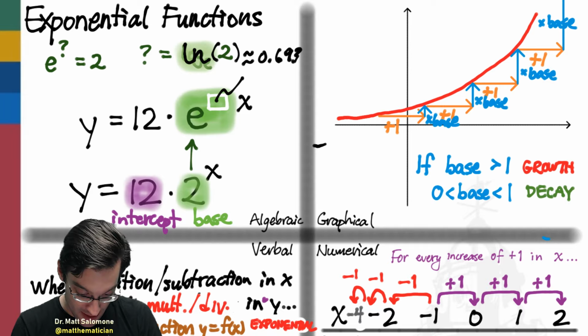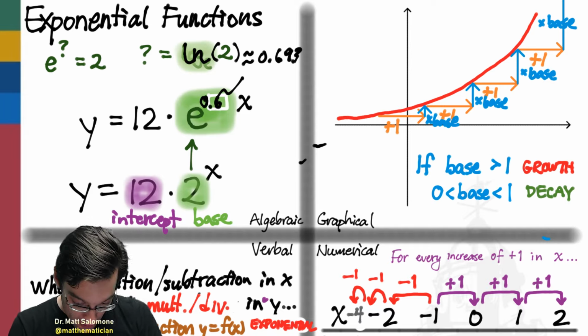So it gives me a nasty number, but that nasty number is then how I would fill in this blank, ln of 2, which is approximately 0.693, as a decimal.